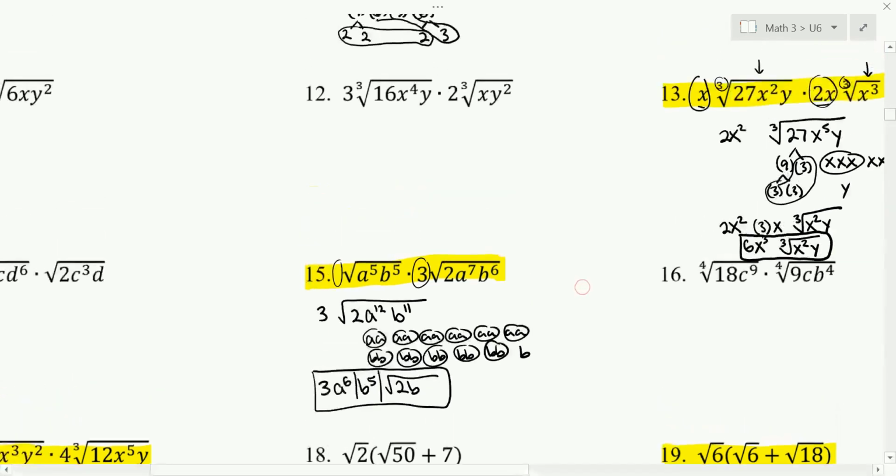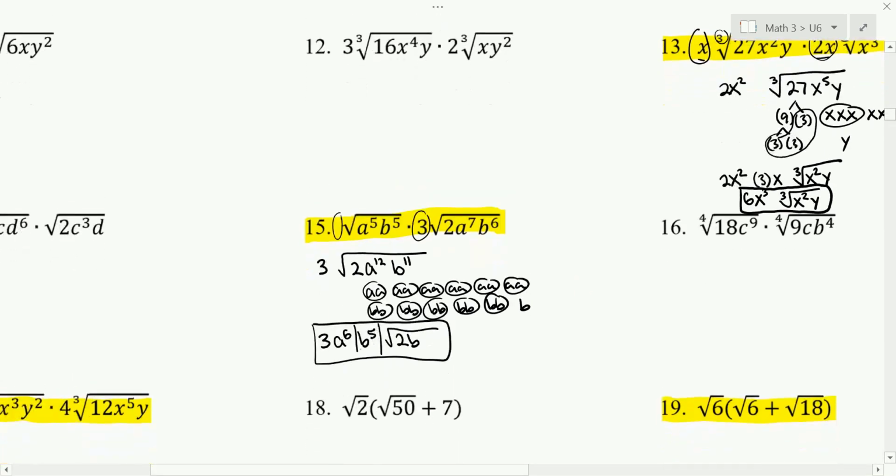Now, some may argue that we don't need to put that absolute value around the b to the 5th because we were assuming that a to the 5th, b to the 5th was real, and so therefore b could not be negative, because if b was negative, then a would have to be negative to make the first part real, but then the second part wouldn't be real because a would be negative and contribute that negative.